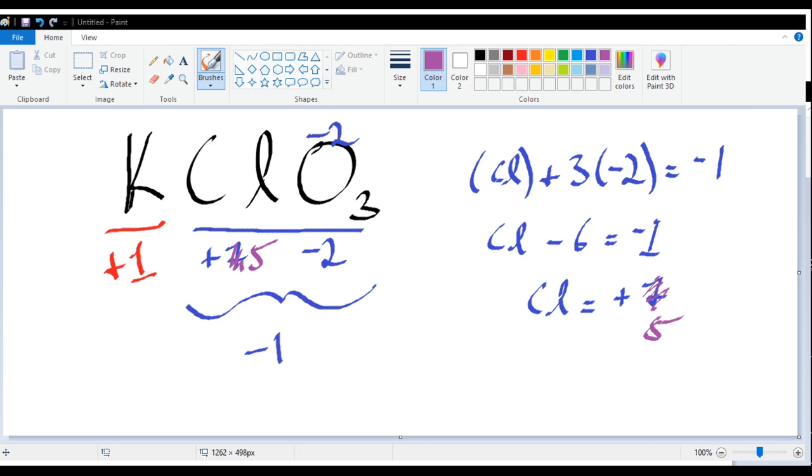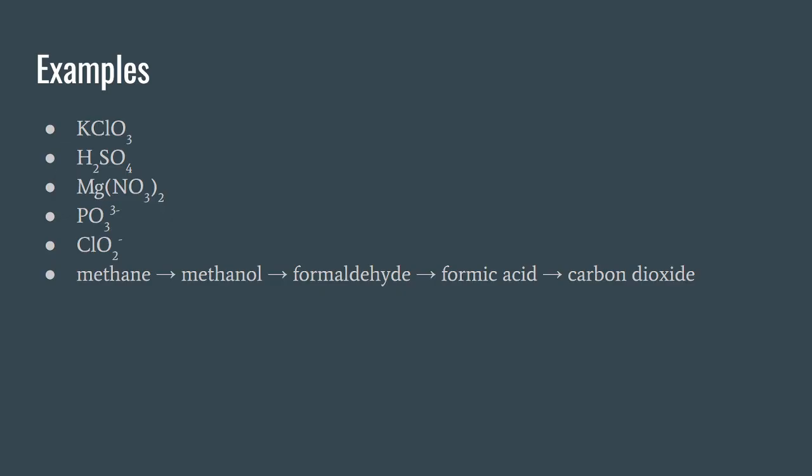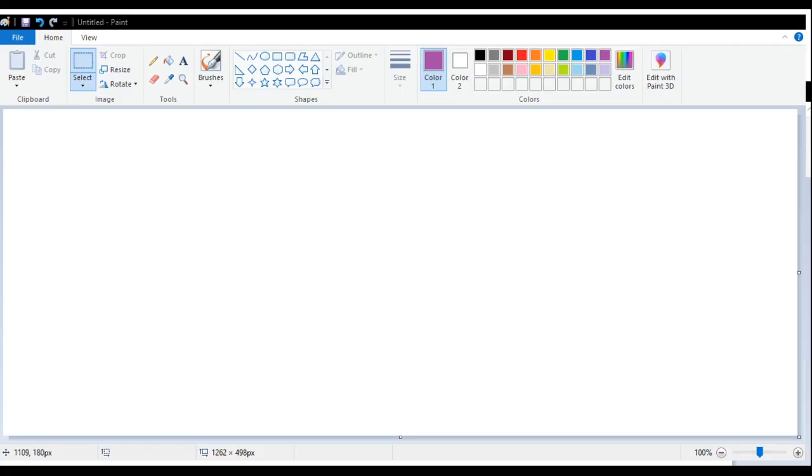So let us take a gander at our next example, sulfuric acid. All right, so sulfuric acid, H2SO4.